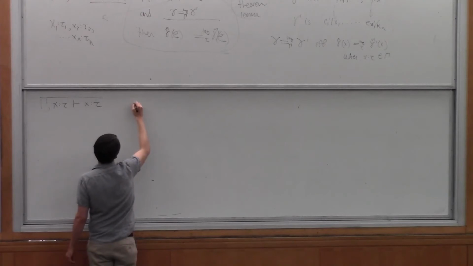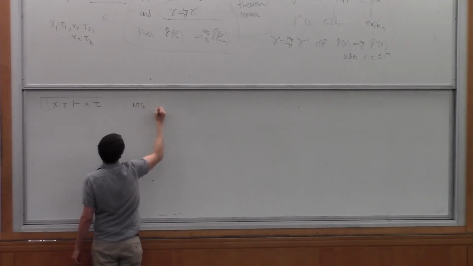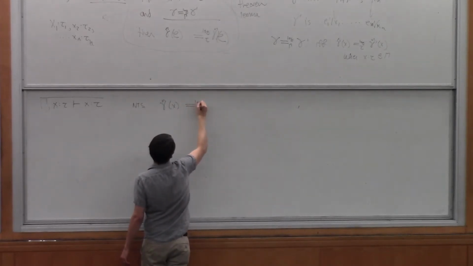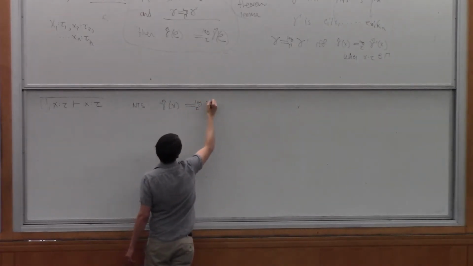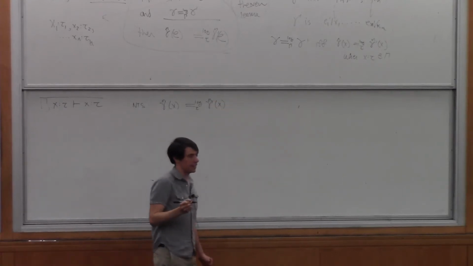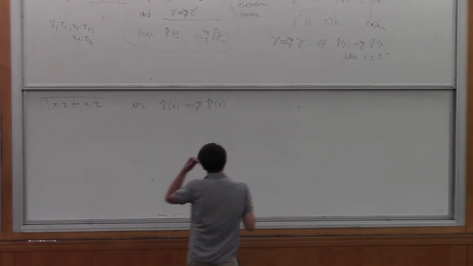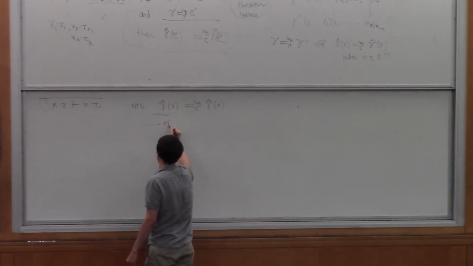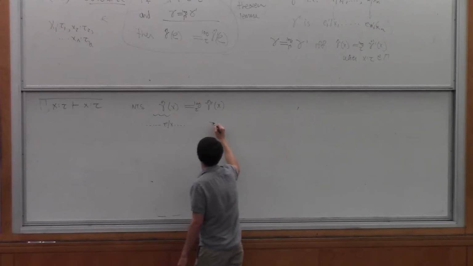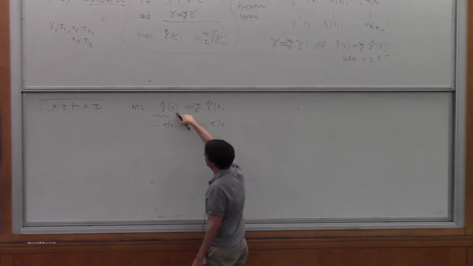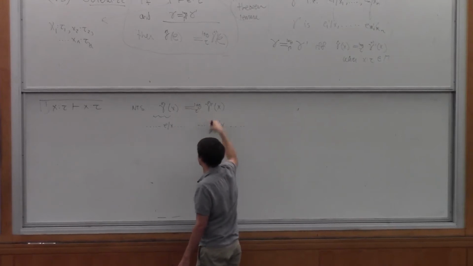Well, what we need to show is that gamma hat of x is logically equivalent to gamma prime hat of x. That is, whatever I substitute in here, right? So this will, among other things, include an e for x. And this will, among other things, include an e prime for x. And what I need to show is that this is equal to that.